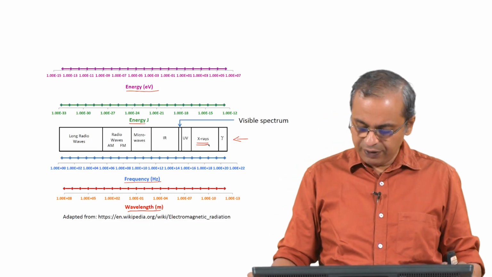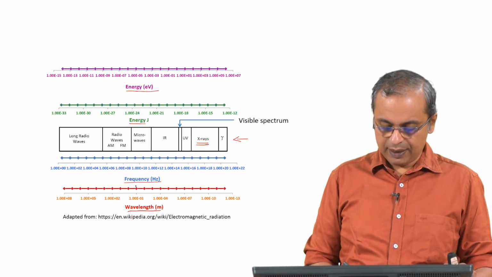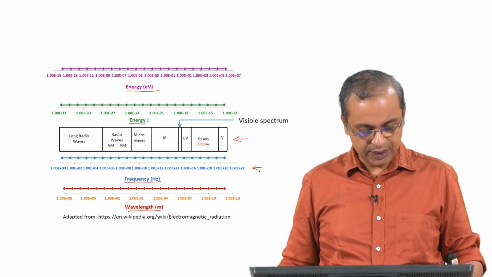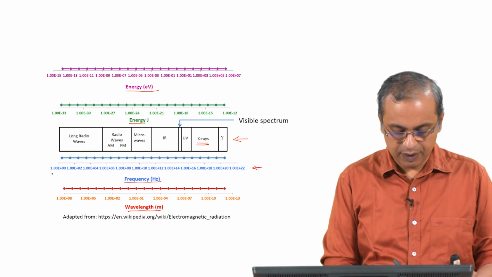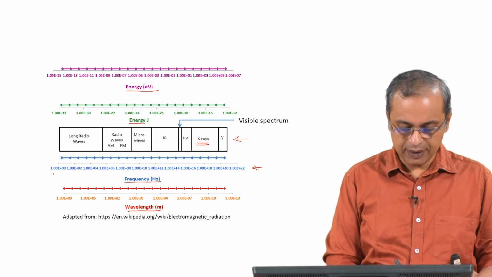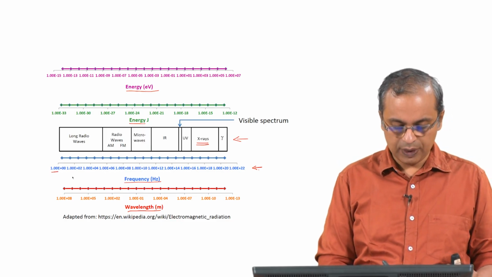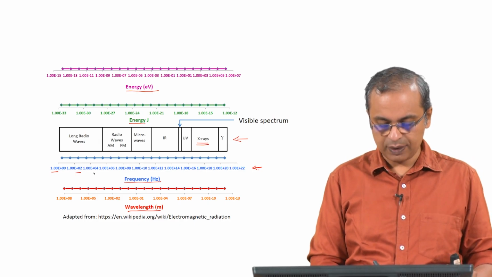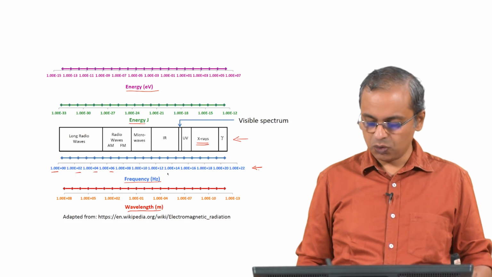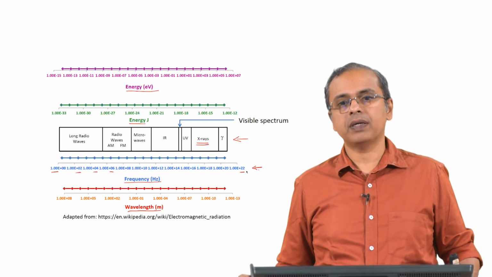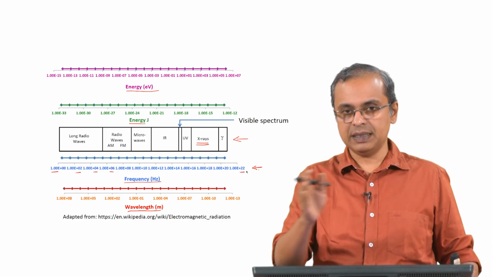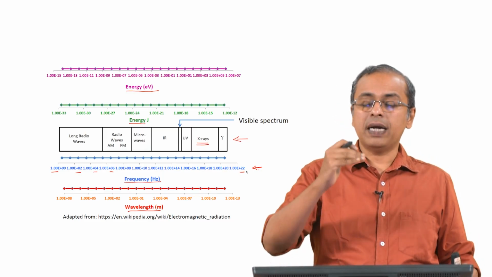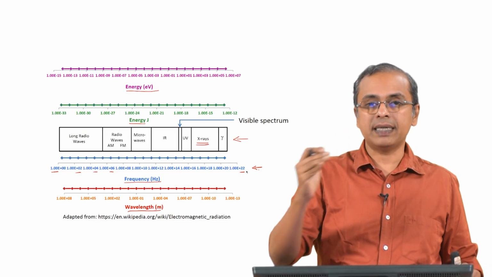So, we have here on the axis, which is the frequency, a range of frequencies. This is in hertz. So, we have 1 hertz here. Then we have 100 hertz, this is 10 power 4, 10 power 6 and so on till 10 power 22. 10 power 22 hertz is the range of frequencies that you see here, and at all these frequencies you can have electromagnetic radiation.